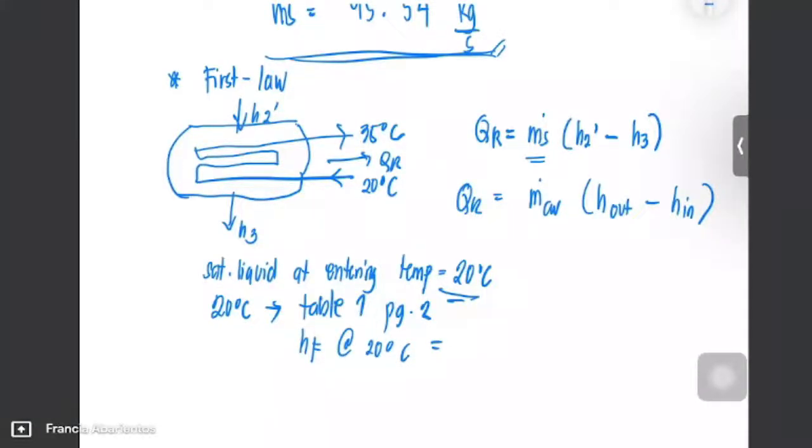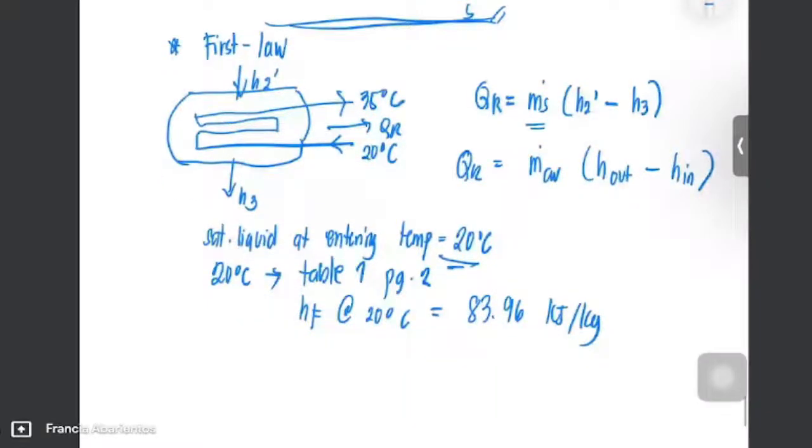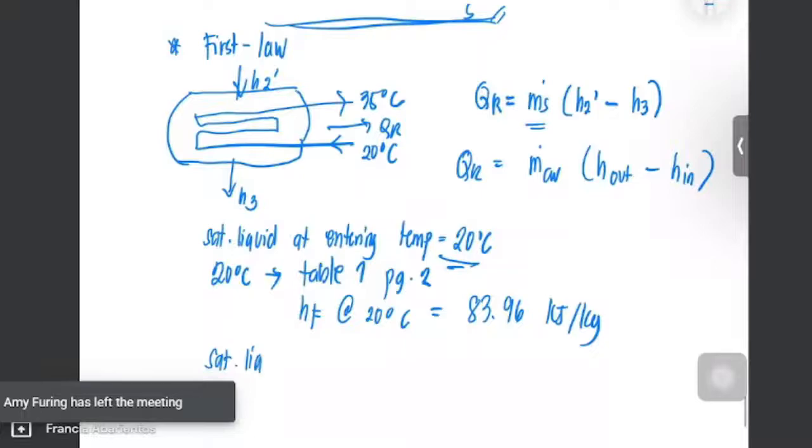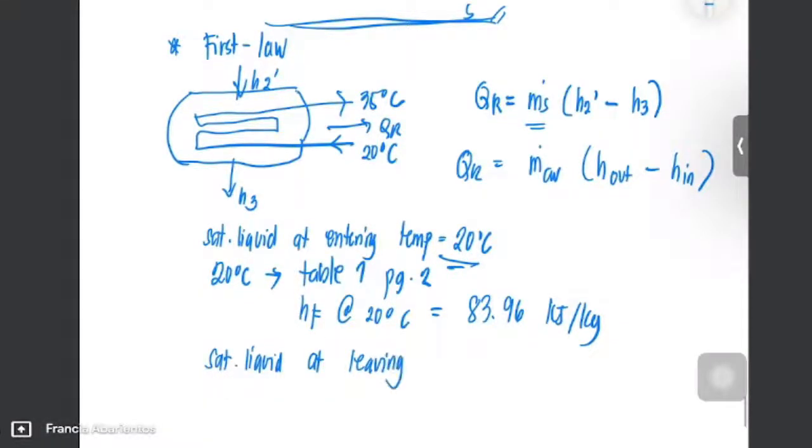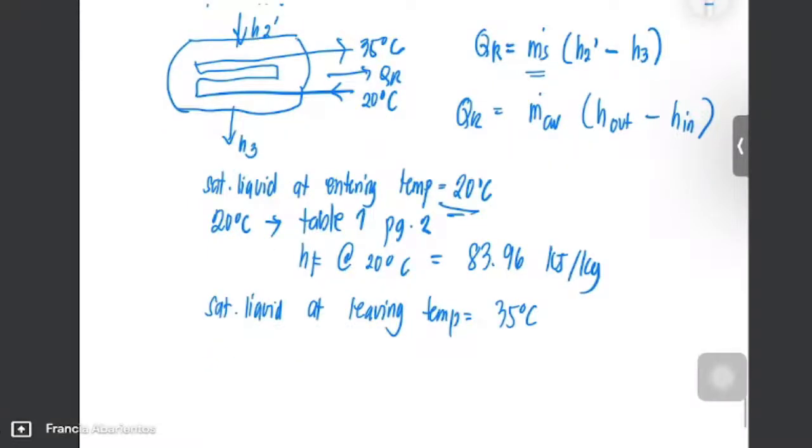We have 83.96 kilojoule per kilogram. And also the saturated liquid at leaving temperature which is equal to 35 degree. Same page, Table 1, page 2.